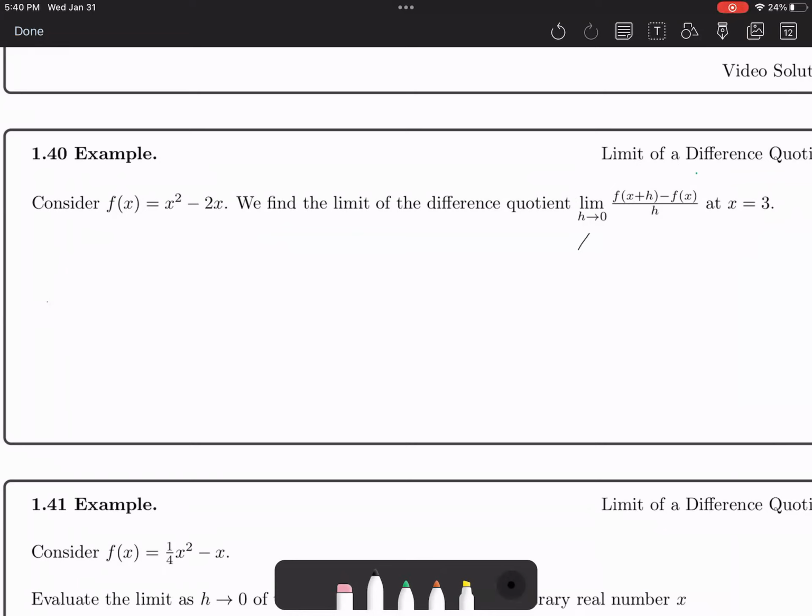So let's set up this equation. The limit as h approaches 0 of f at x plus h minus f at x over h. The specific x value that I want to look at is 3. So f at 3 plus h minus f at 3 over h.